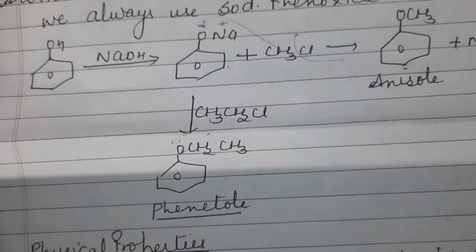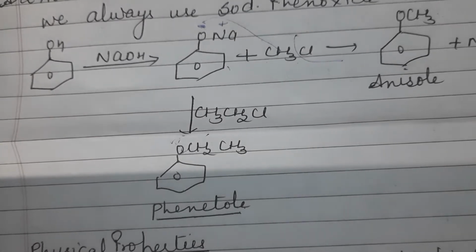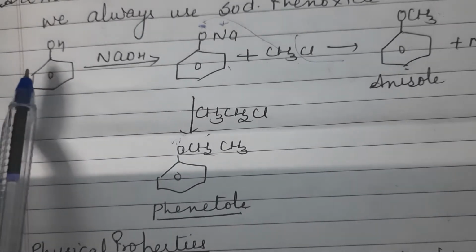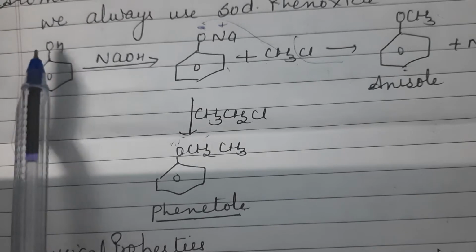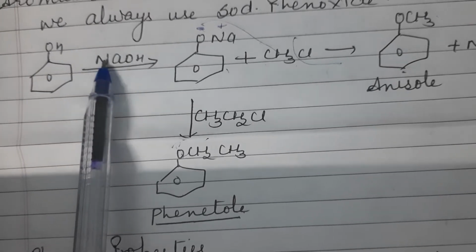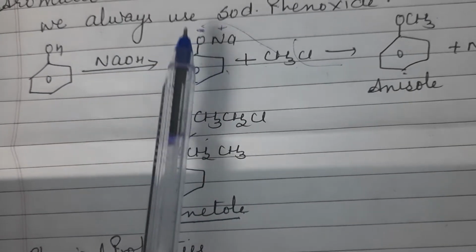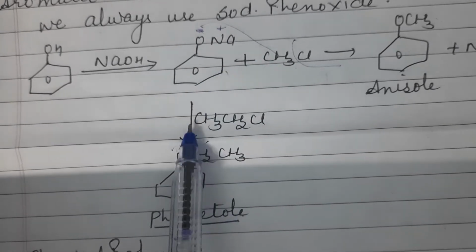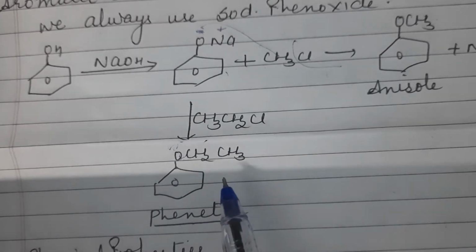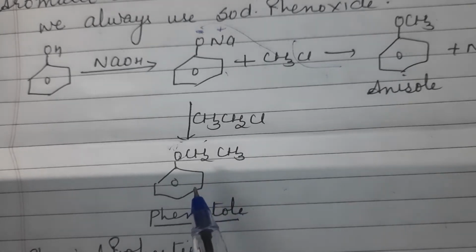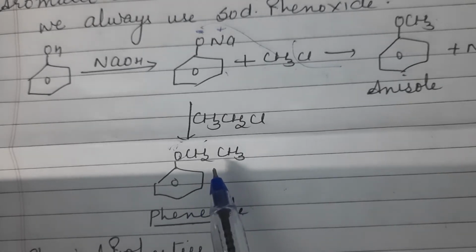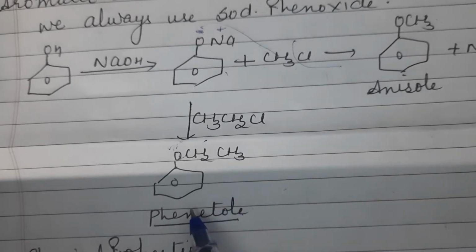First we prepare sodium phenoxide ion, which is prepared by treatment of phenol with NaOH. Phenol is acidic and NaOH is base, so they give salt, and then on reaction with alkyl halide we get sodium chloride and ether according to the alkyl group, anisole or phenetole.